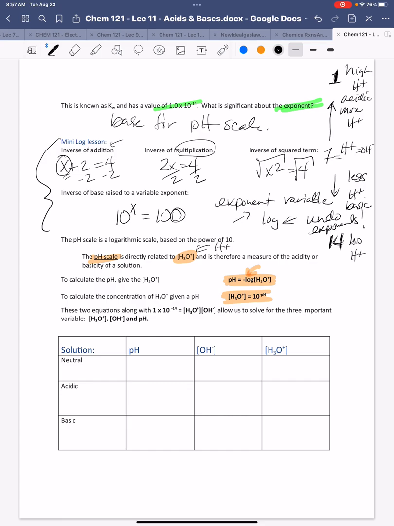If I have a neutral solution, I know that the H3O plus concentration is equal to the OH minus concentration, and that the pH is equal to 7. And that basically means that the OH concentration is 1 times 10 to the negative 7th molar, and the H3O plus concentration is 1 times 10 to the negative 7th molar.